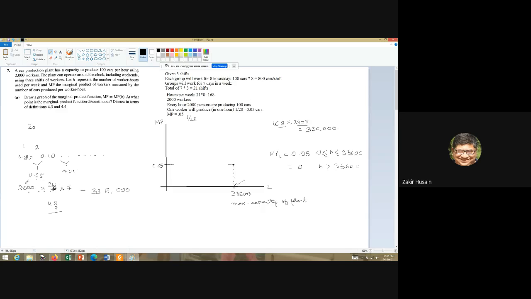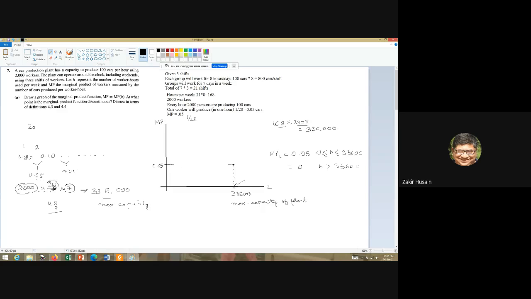So in a particular hour, you can employ at most 2000 workers. In a day, there are at most 24 hours. And in a week, you have got 7 days. Beyond this, if you employ any worker, you will not be able to give them any work. There is no machinery available. So this represents the maximum capacity of the firm.